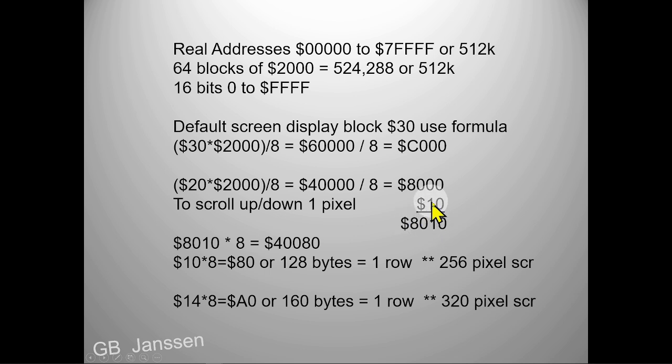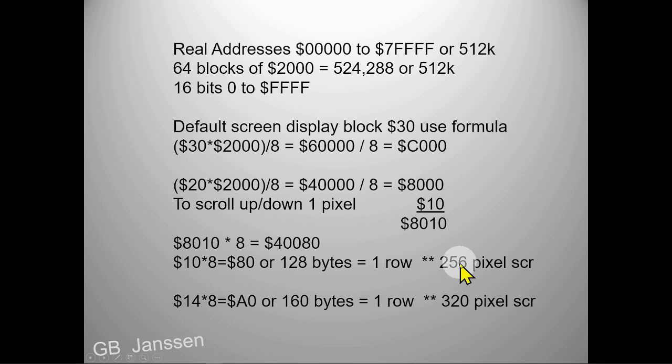So how do we come up with the 10? Right, 10 times 8 is 80, hex 80. Right, in decimal it's 128 bytes. Okay, that's 1 row because we have a 256 pixel screen, 2 pixels per byte, so divide that, we need 128 bytes. So there's how we get to 10. That's how we get to scroll 1 complete line.